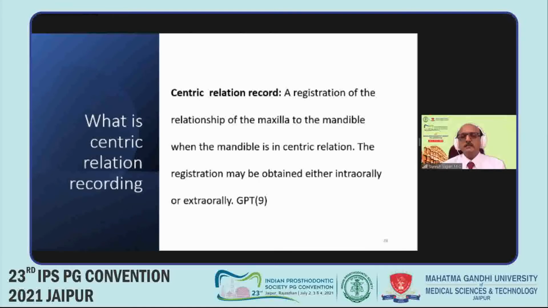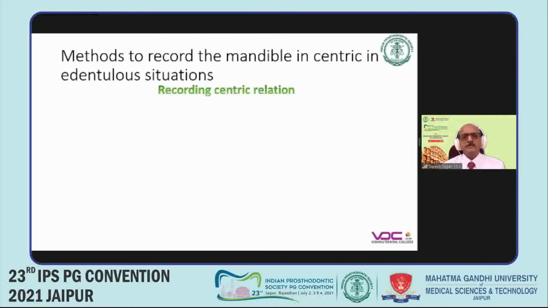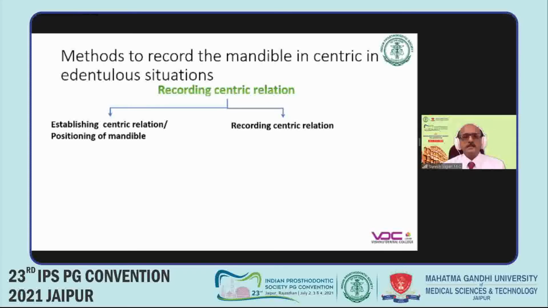So establishing the mandible in centric relation is more important, and then locking them together is important as well. The registration we can obtain intraorally or extraorally. So let us try to see this with the dentulous condition. As I said, there are two parts with reference to the centric relation: establishing the centric relation position and then recording that centric relation intraorally.